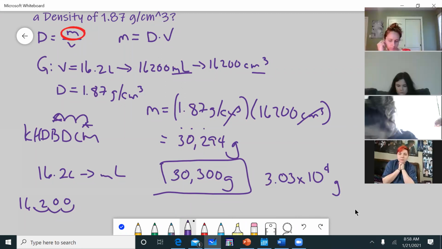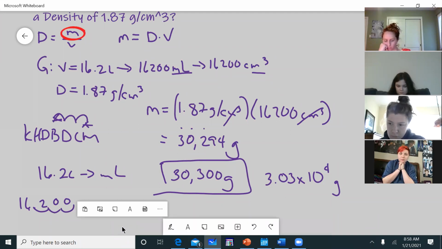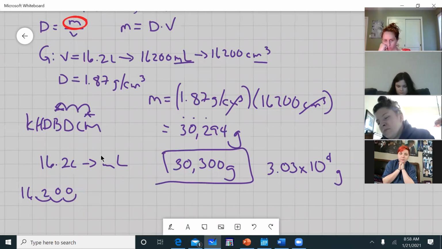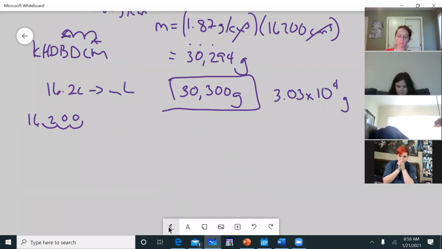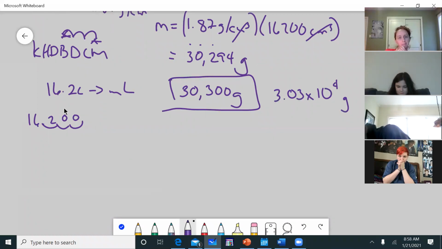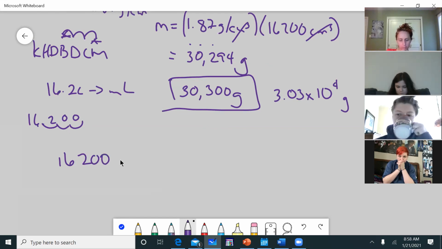You could have solved it with dimensional analysis. You would have gotten the same thing. So I'll put it in dimensional analysis. Start with our given, which is 16,200 centimeters cubed.